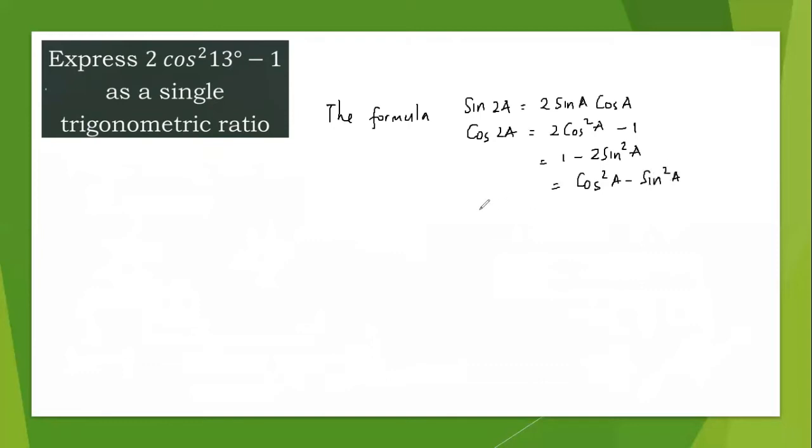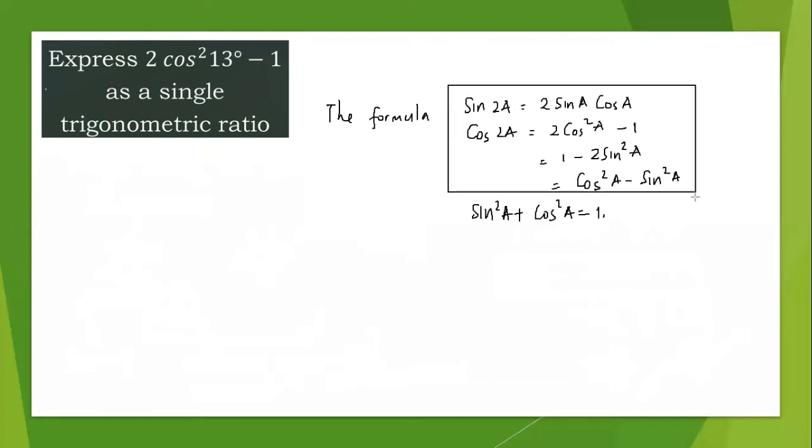What else? Sine squared A plus cosine squared A equals 1, right? That's the formula to remember. It's very easy to remember. Clear one?